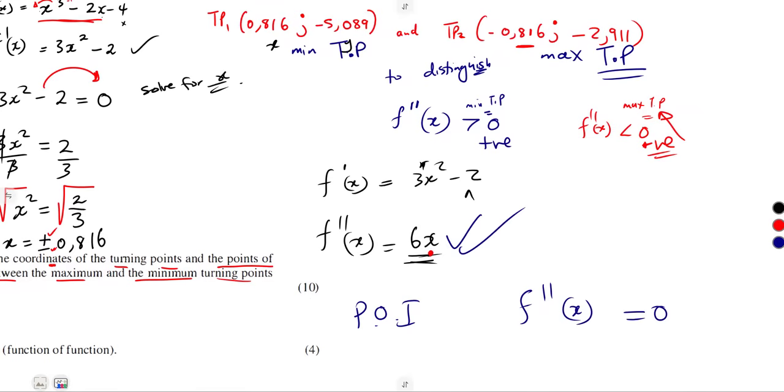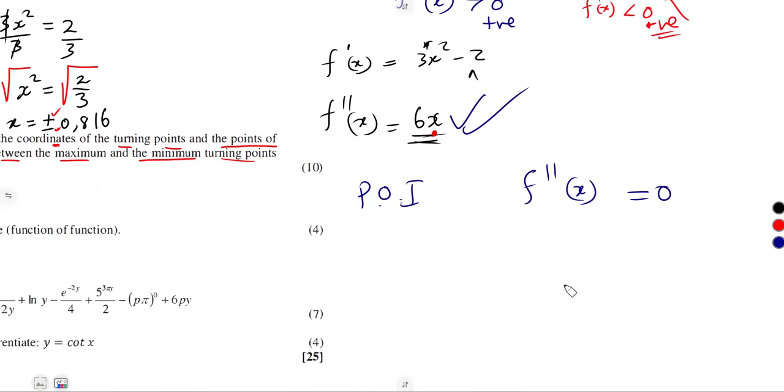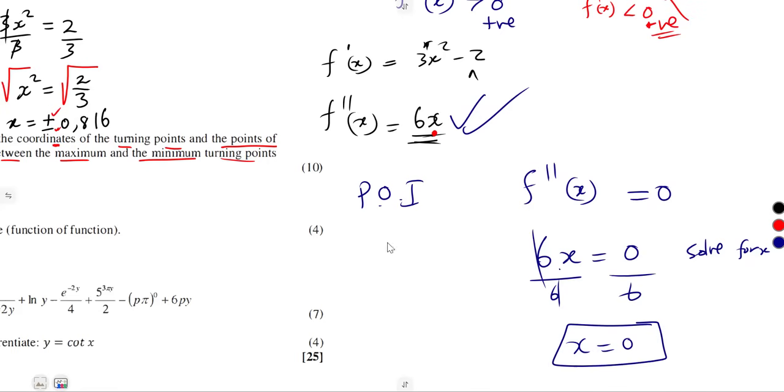Already the second derivative, we have it. Let's just equate it to 0. So if 6x is equal to 0, solve for what? For x. As you can see, there's only one unknown. So we solve for x. It's an equation, this one. So divide by 6 on both sides, x is equal to 0. At that point of inflection, x is 0.